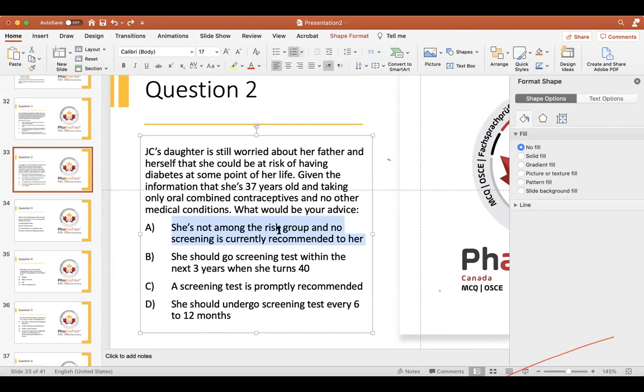Why is it A? The lady is 37 years old, correct? So she's under 40. What about the risk factor? Does she have any risk factor? She has combined oral contraception, which is not a risk factor. No other medical conditions.